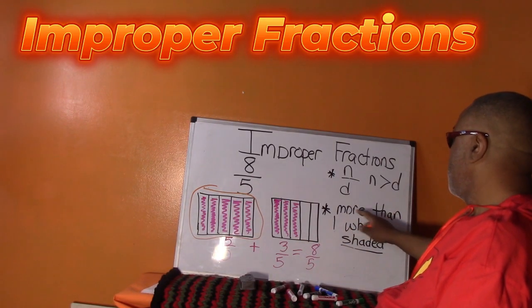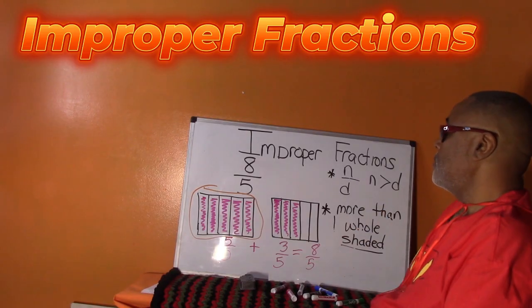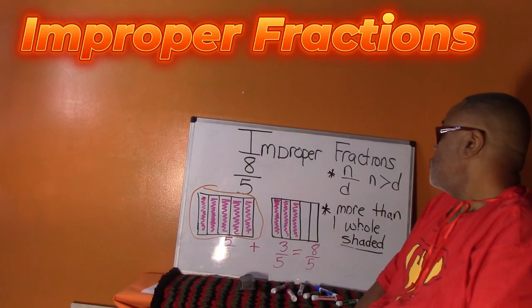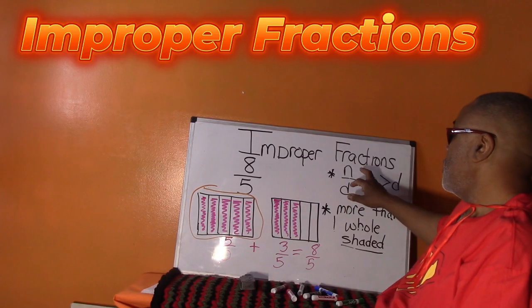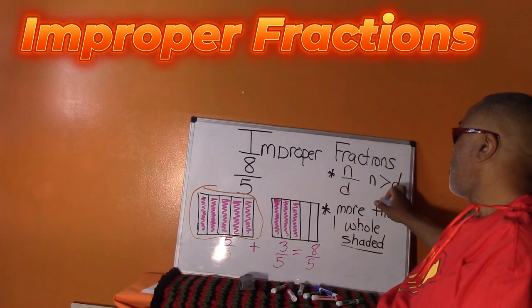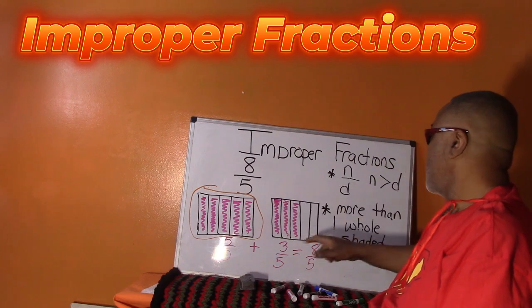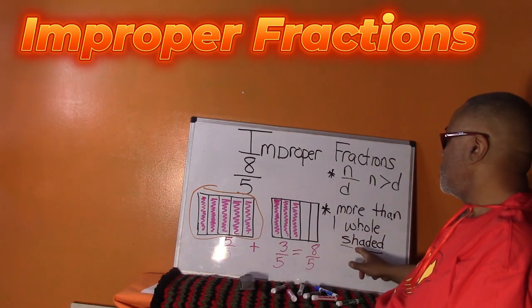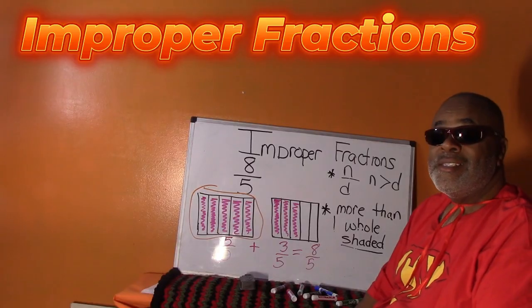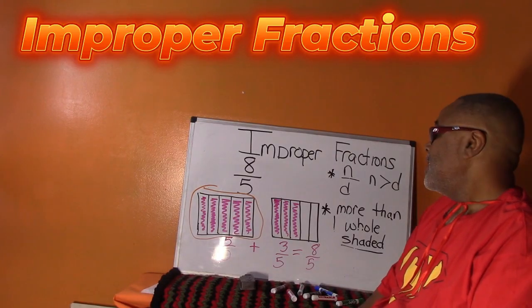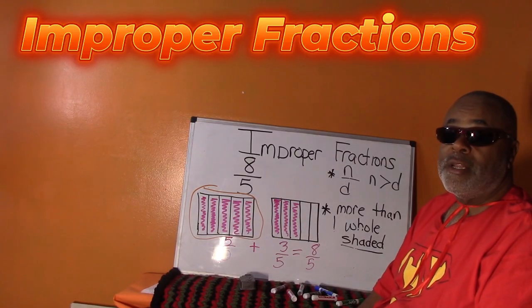So it is more than one whole shaded. So we know the characteristics of an improper fraction. We know that the numerator must be larger than the denominator and it is more than one whole shaded. And we use our picture to see that it's more than one whole shaded.